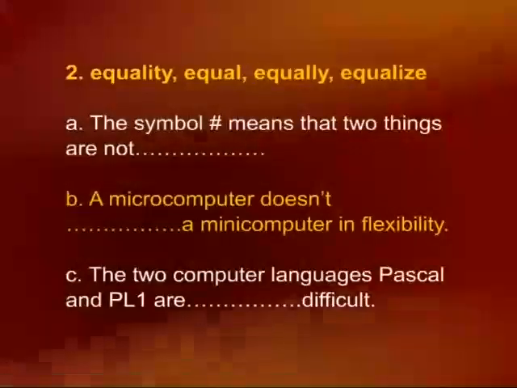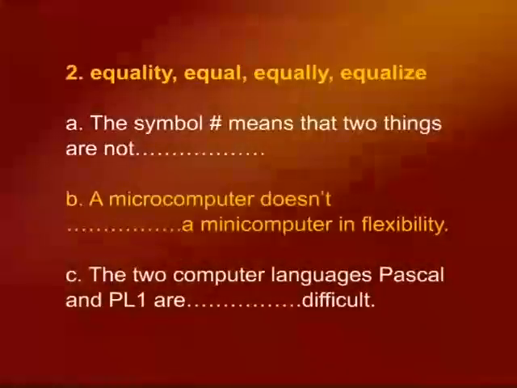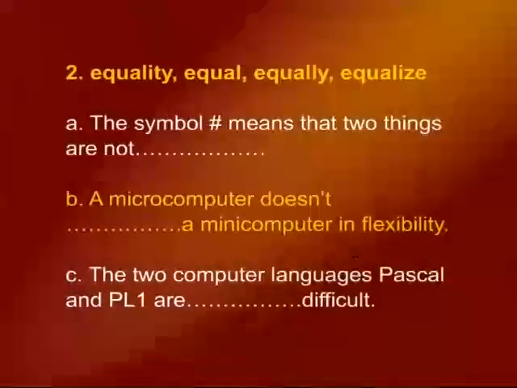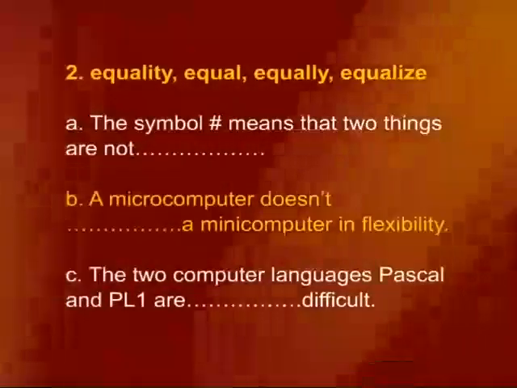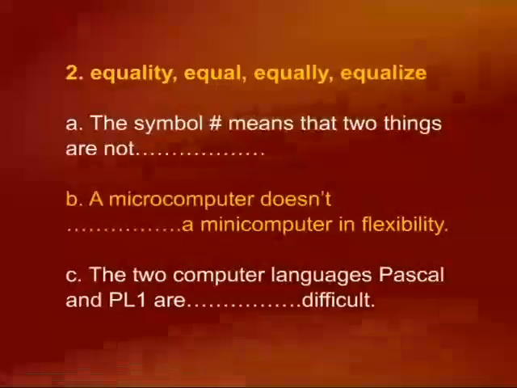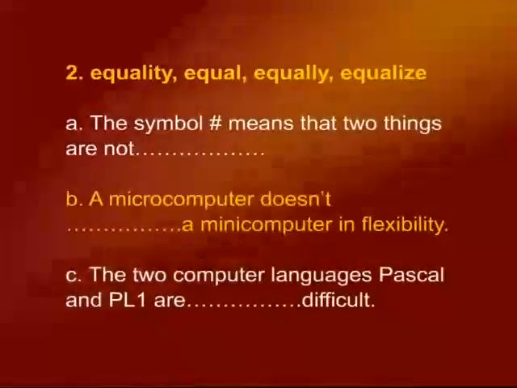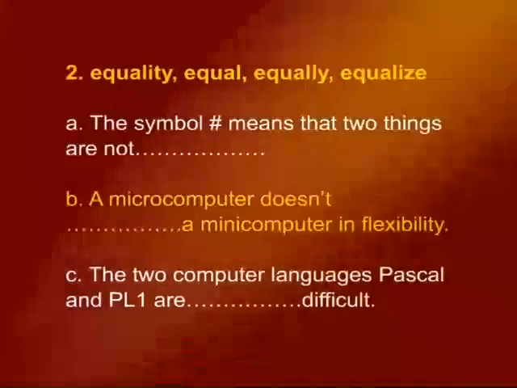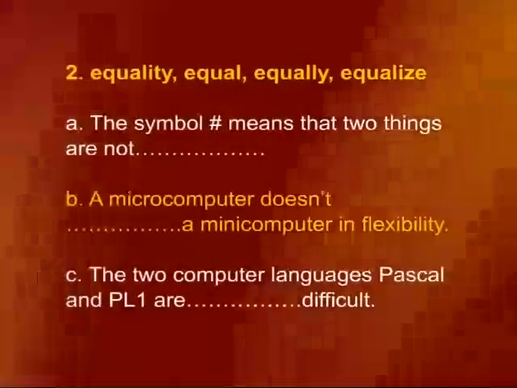Notice the symbol, short parallel lines with a line going through them, which means that it is in the negative, are not equal, right? B, a microcomputer doesn't equal a mini computer in flexibility, and the only appropriate word would be equal. Number C, the two computer languages Pascal and PL1 are equally difficult, right?